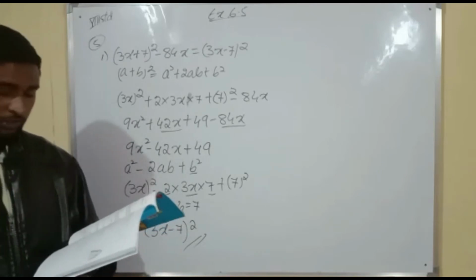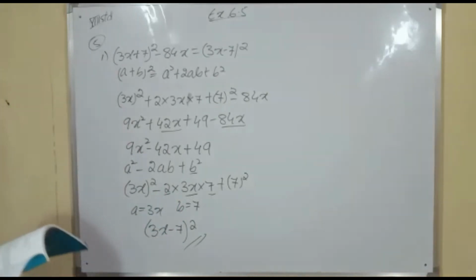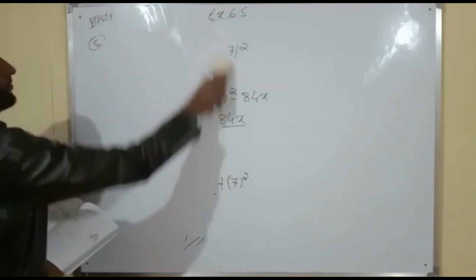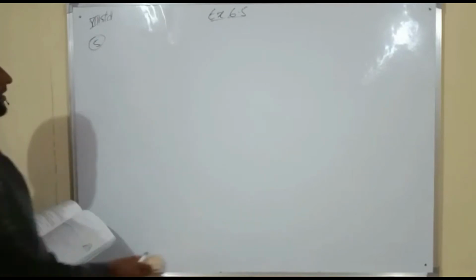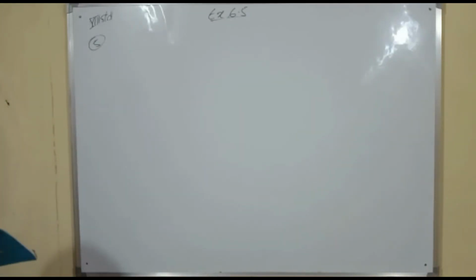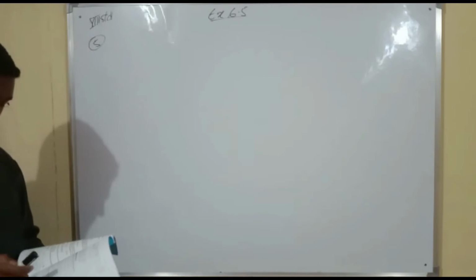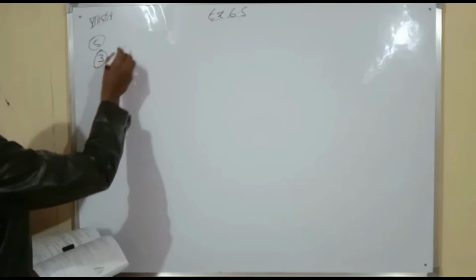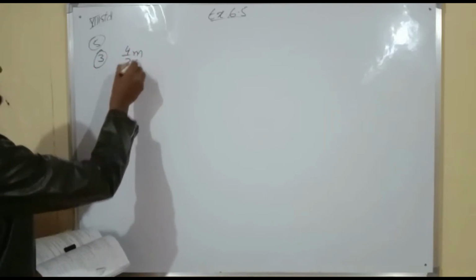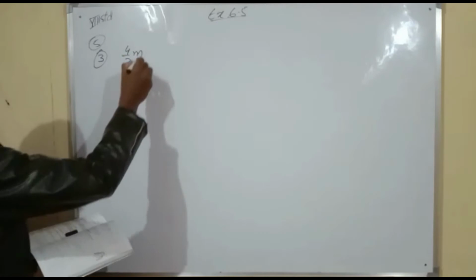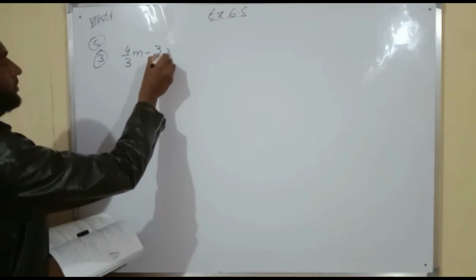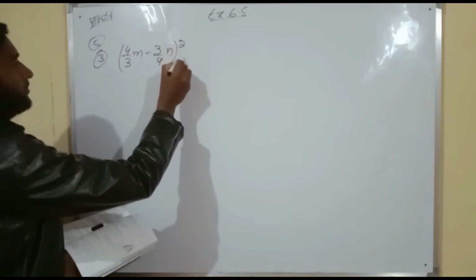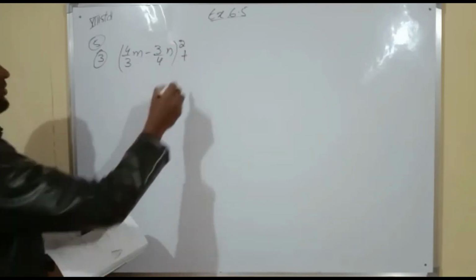Okay, so let me solve the third one. The third sum is given: (4 divided by 3m minus 3 divided by 4n) whole square plus 2mn.